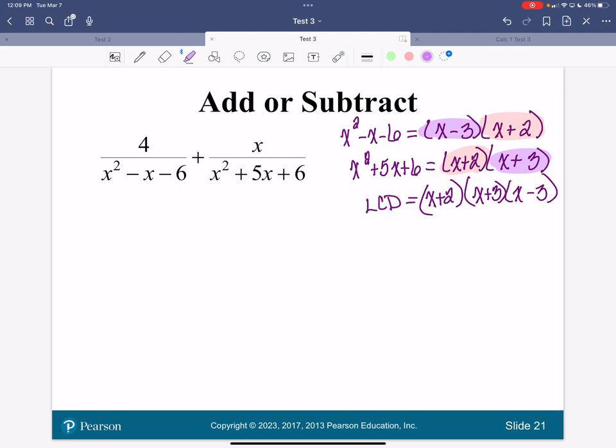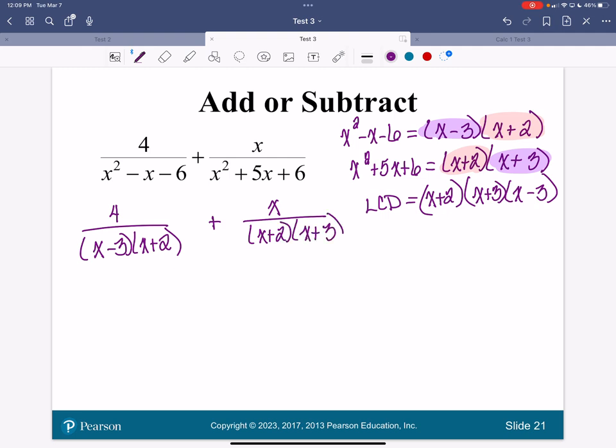Now, I'm going to rewrite this. So I'm going to have 4 in the numerator. And then I've got x minus 3, x plus 2. All I did right there is I rewrote the denominator in factored form. That's all I did. Okay, and then I've got x plus 2, x plus 3.